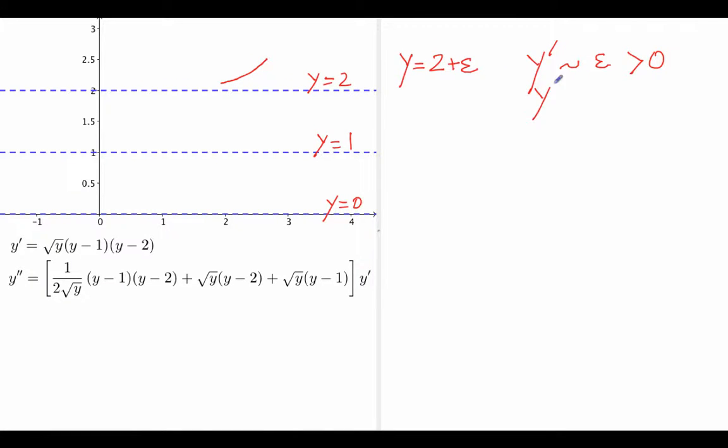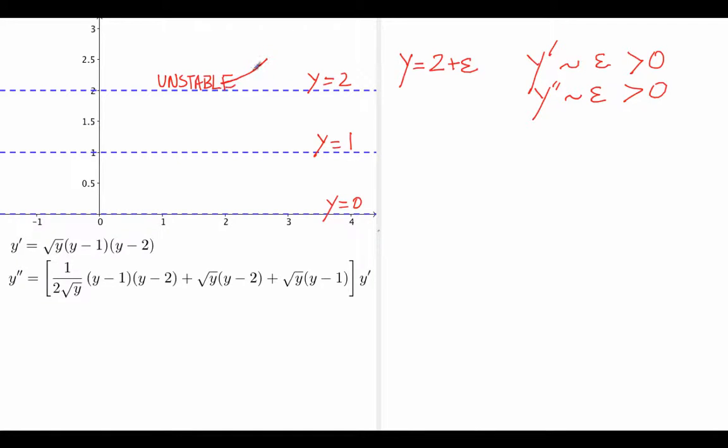What about y double prime? That we can get from here. When y is close to 2, then this will go away, and here there will be simply 1 times y prime, but y prime is proportional to epsilon, and that too is positive. So definitely this is an unstable solution.